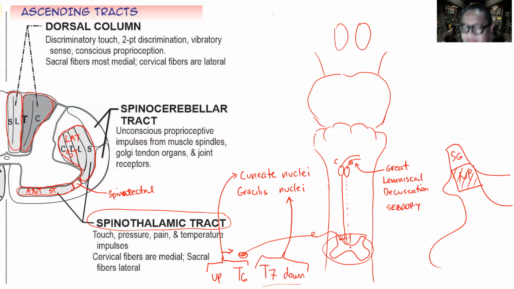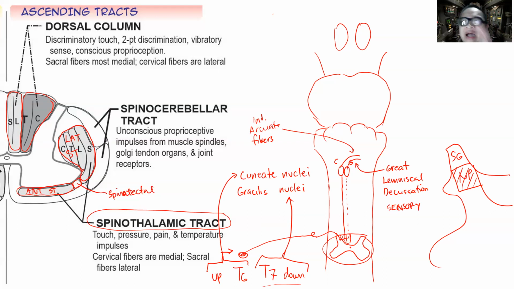These fibers are also called your internal arcuate fibers. It's just like your subclavian artery becoming your axillary artery, becoming your brachial artery.